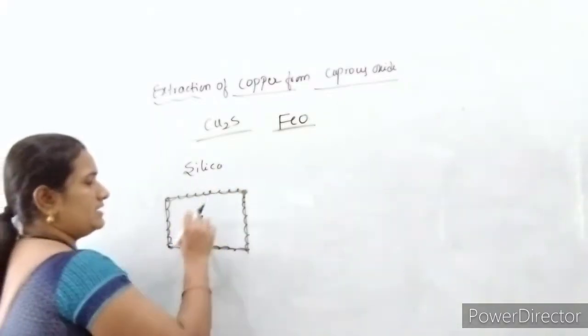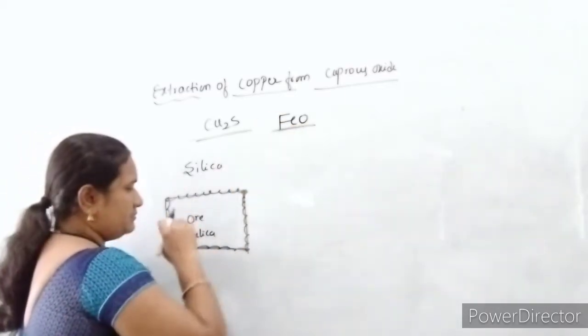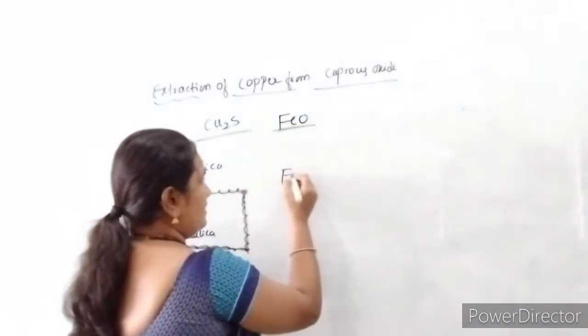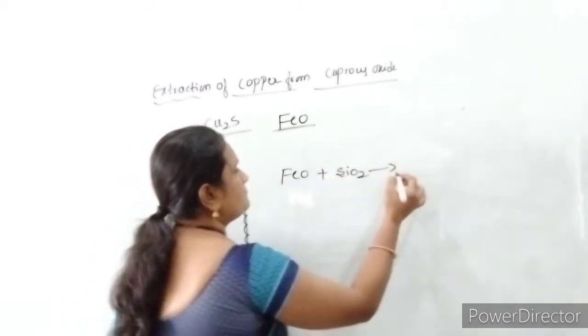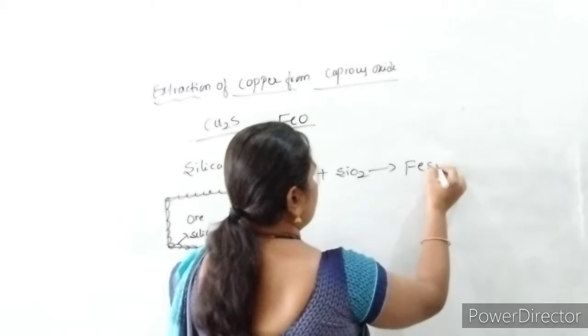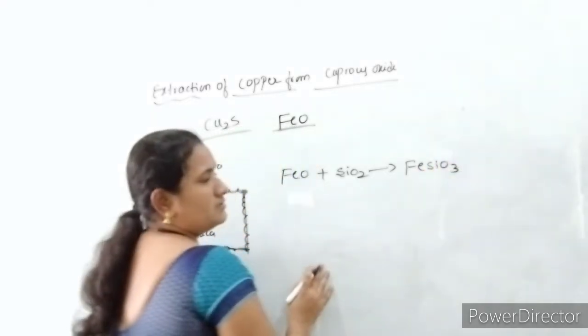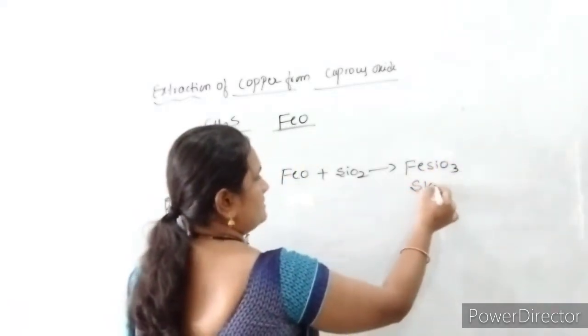This silica reacts with the FeO present in the ore, and the FeO is converted into ferrous silicate, which is removed as slag.